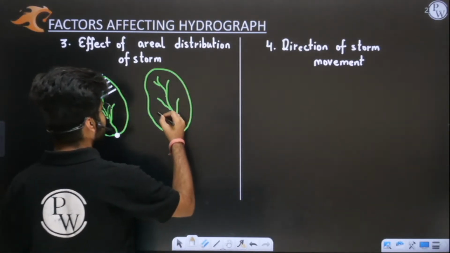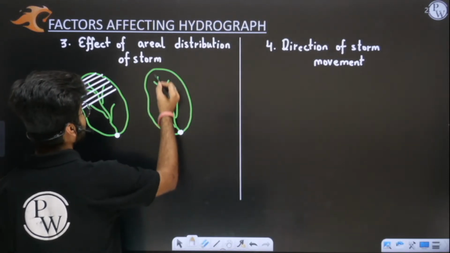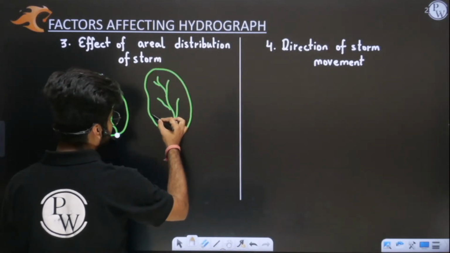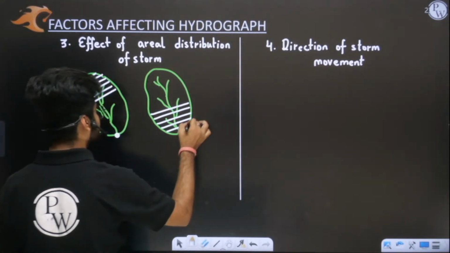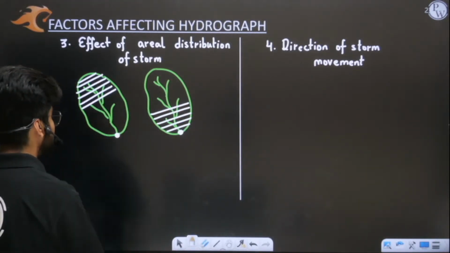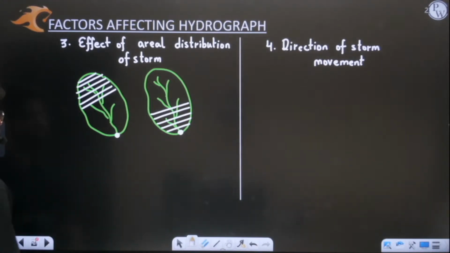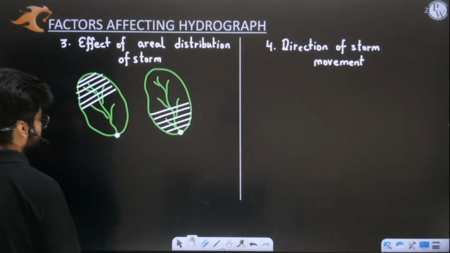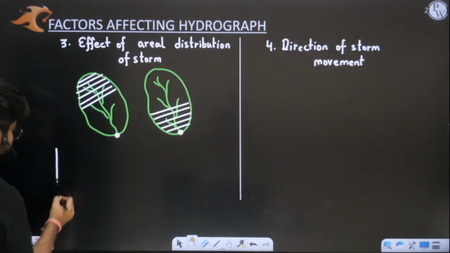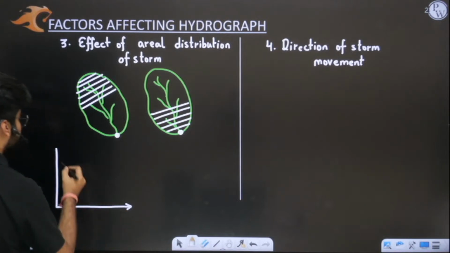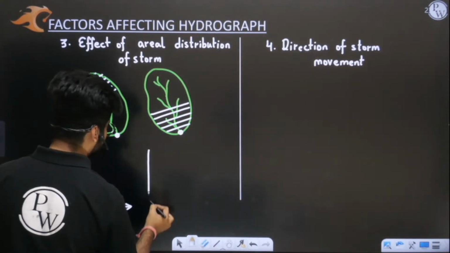But in this case, let us imagine the aerial distribution of storm is such that precipitation has occurred in this area. So tell me where you will have the quicker peak. I will draw the hydrograph for both of them.